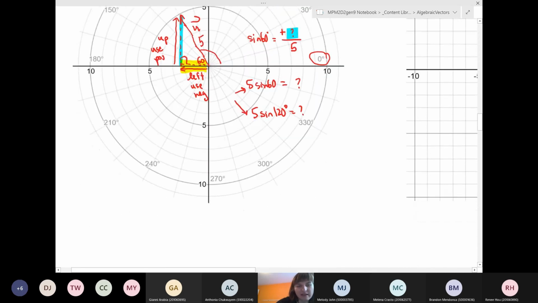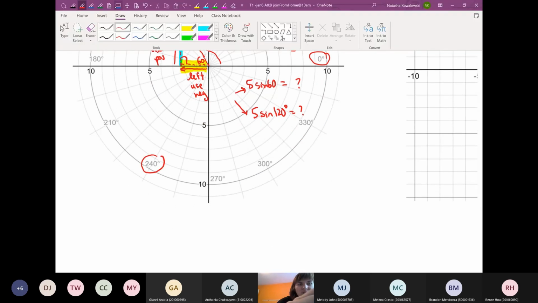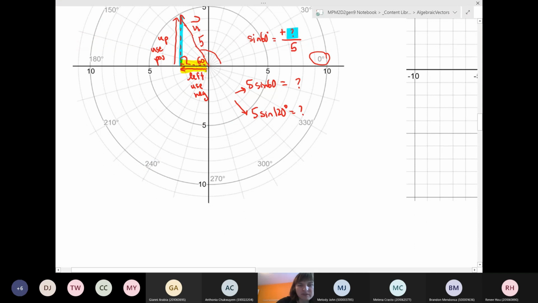For example, let's take another angle. Let me draw different ones just to prove to you that the mathematicians are actually pretty smart to choose the angle to be 0 over here and going counterclockwise. So let's say the angle was 240.